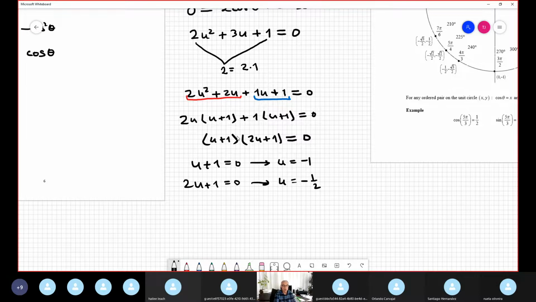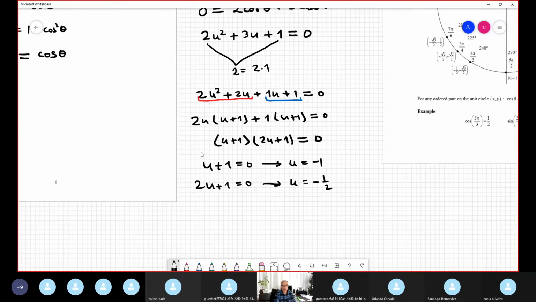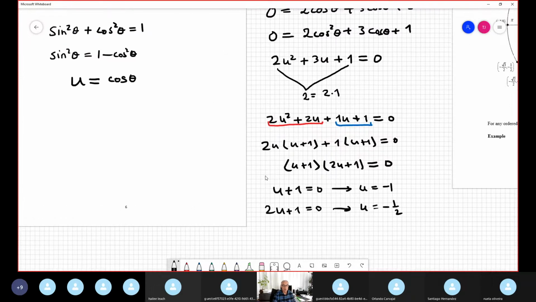Actually, the substitution was u equal cosine. So now I come back to the trigonometric part. In the trigonometric part, we have two trigonometric equations: cosine theta equal -1, I solve that, and cosine theta equal -1/2. I come back to the unit circle.